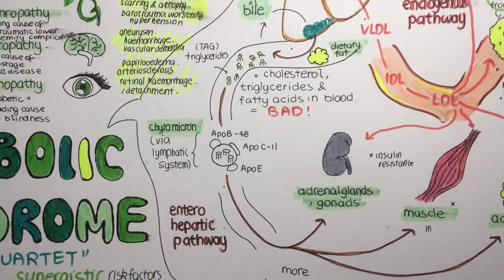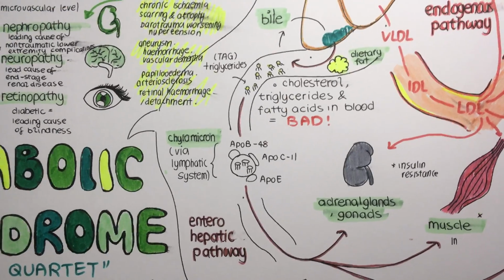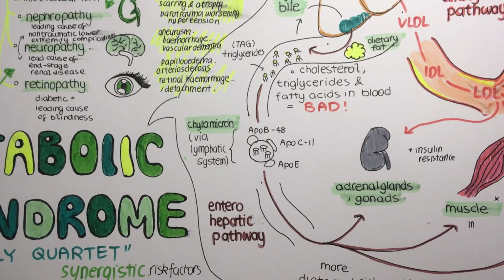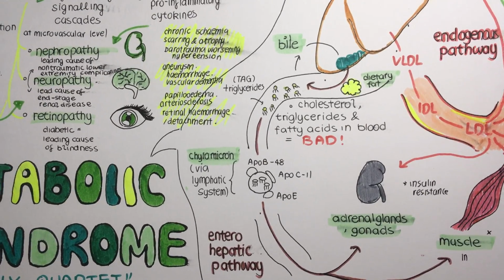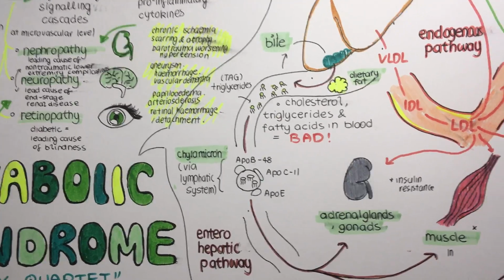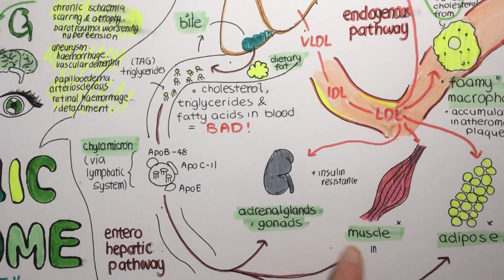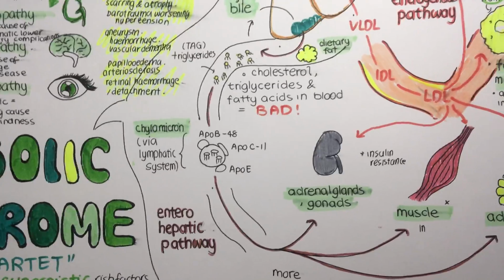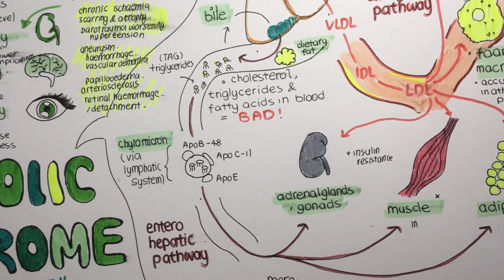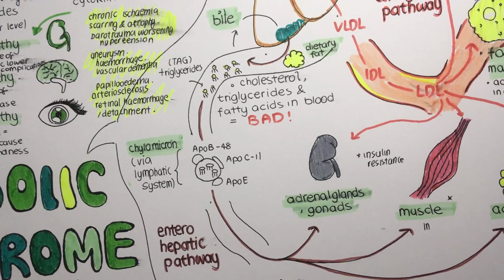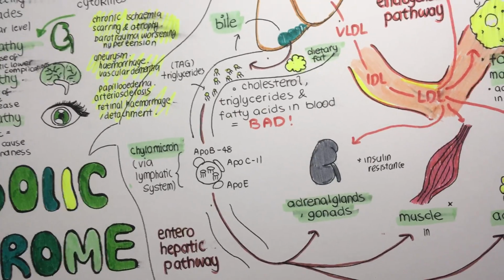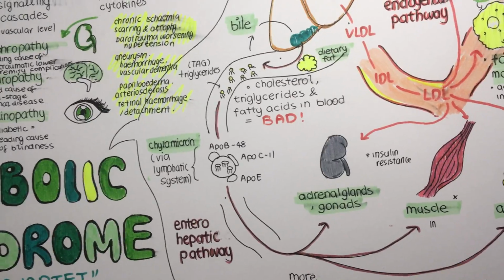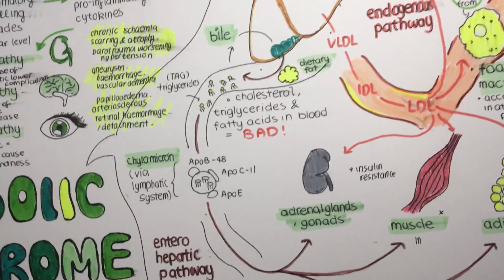This is not a desirable consequence. Cholesterol, triglycerides, and fatty acids in the blood are very bad because they lead to atherosclerosis. And additionally, when they're in the muscles and glands, this fat actually releases adipokines, which are cytokines released by adipose tissue that promote insulin resistance.